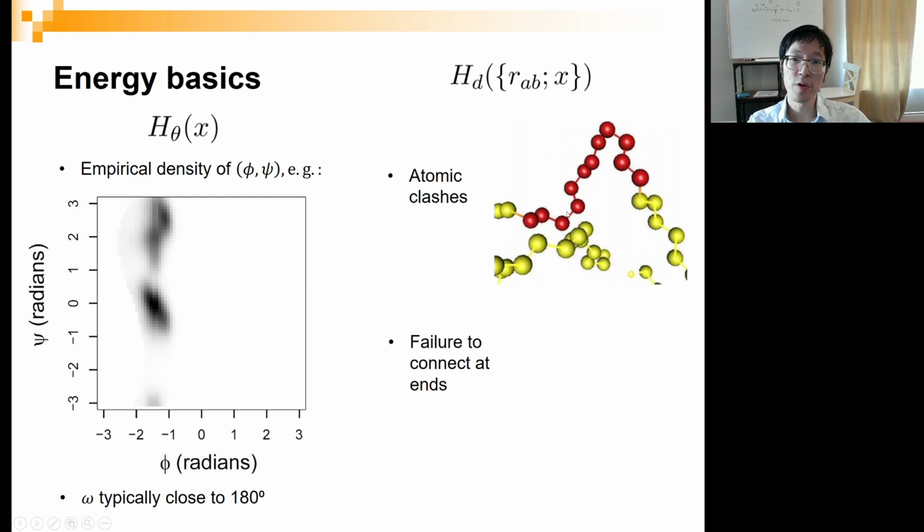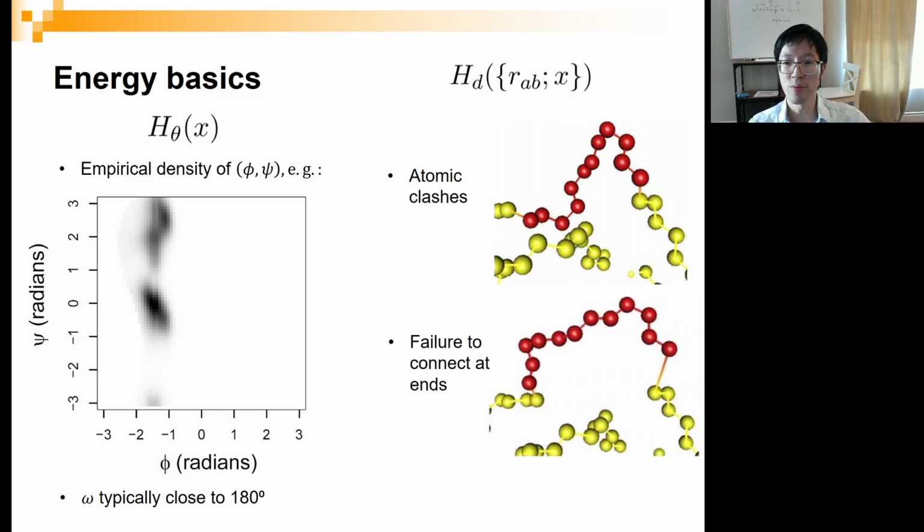Now, because we're focusing on local regions, it's also important that the energy function helps us ensure that we have a properly connected protein backbone. Okay, so here is another example of an unrealistic conformation, because the lengths of the bonds between the atoms are pretty much fixed, and so this red atom doesn't connect properly with the rest of the protein at the end.